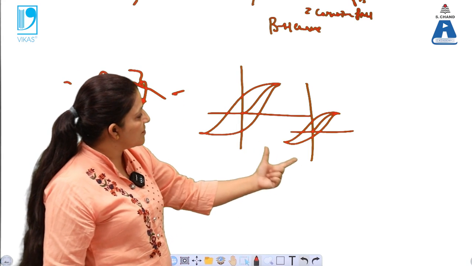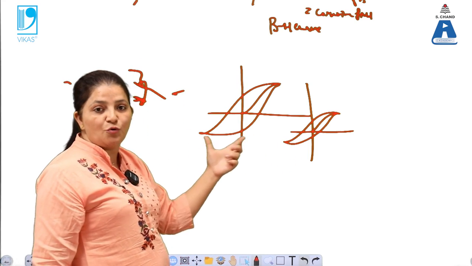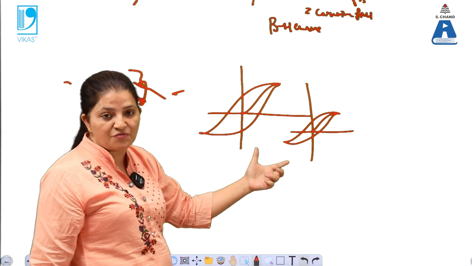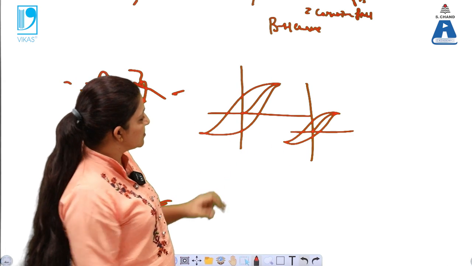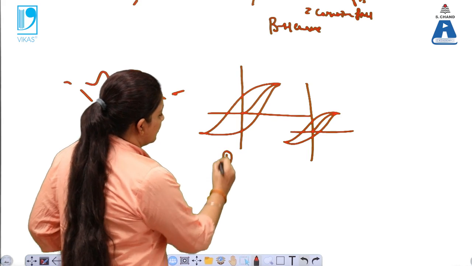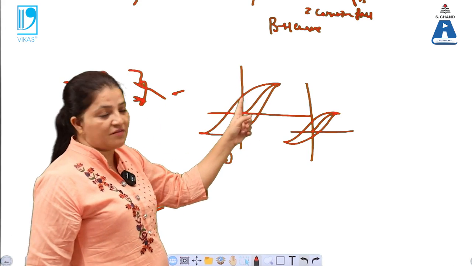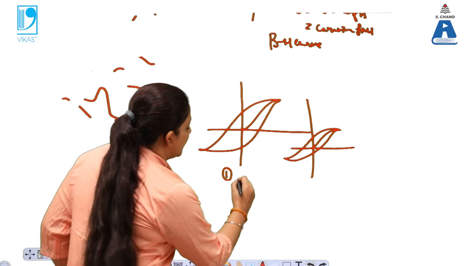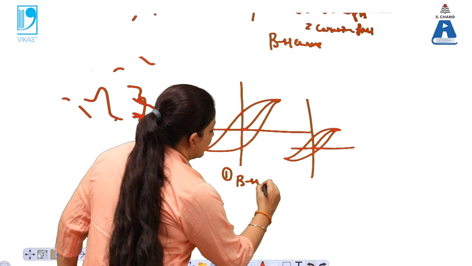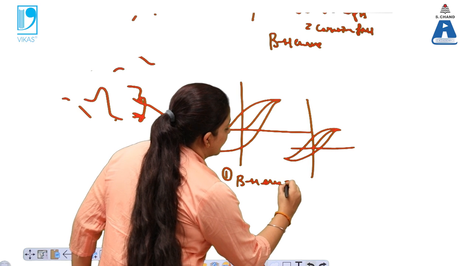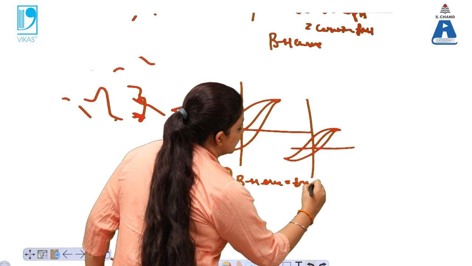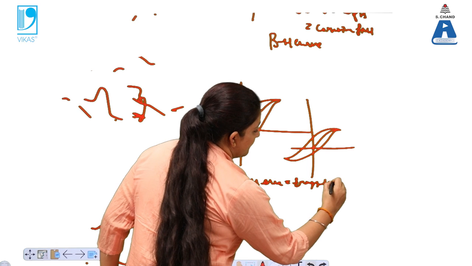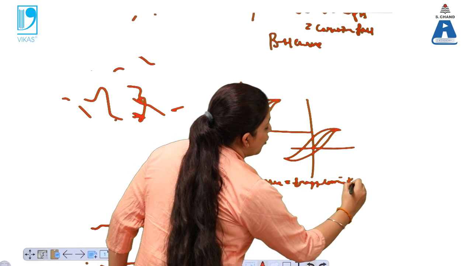These two curves are for the materials used to form the transformer. In the first curve, the area is more than in the second curve. So the area of the BH curve represents the energy losses in the core of the transformer.